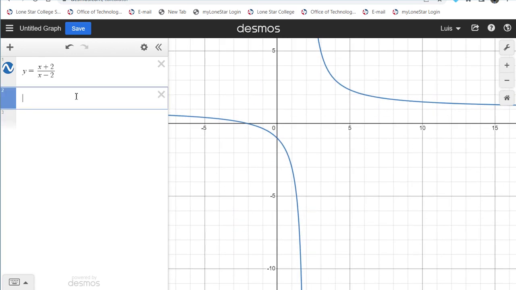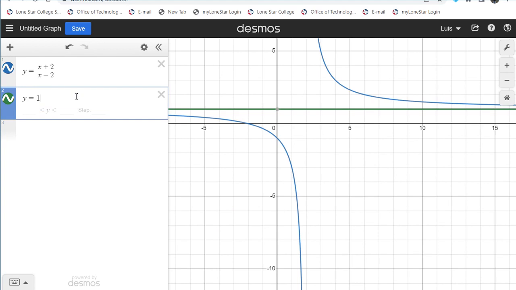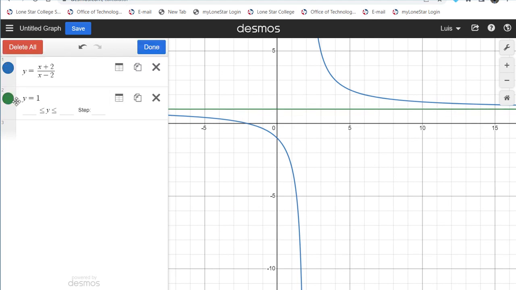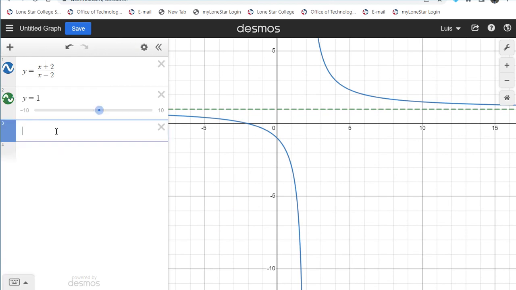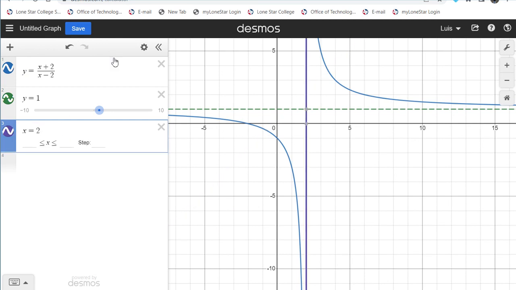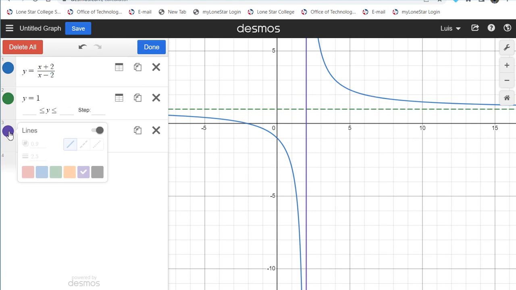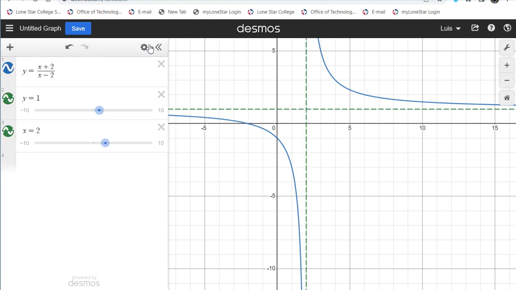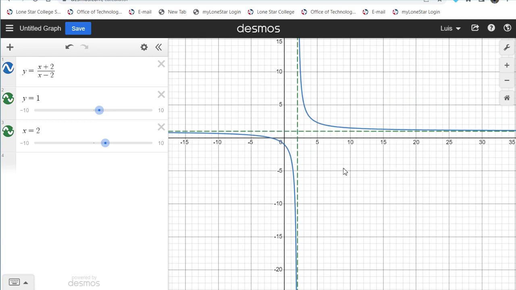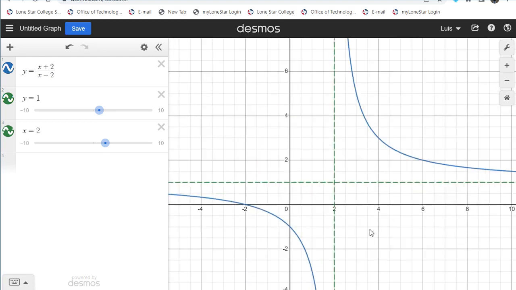But notice that we can plug in y equals 1, and we'll see that it never touches that graph. But to be more specific, if we were going to draw it, we should do that. And then use x equals 2, and we can draw that too, with a green line. Okay, so we see that this is our graph of our equation.